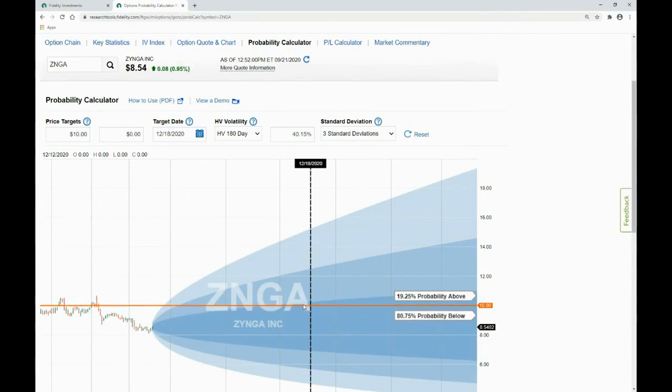As we take a look at that difference, we can see that the higher the volatility we expect, the more possibility for the stock to move in extreme ranges up or down. And this probability calculator can very quickly give us a gut check idea of how likely it is for the stock to move. We also can see these different rings, if you will, or curves. These bell curves are the first, second, and third standard deviations away from the current stock price.